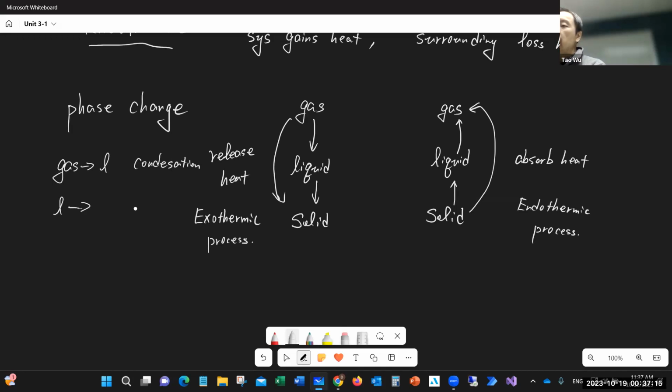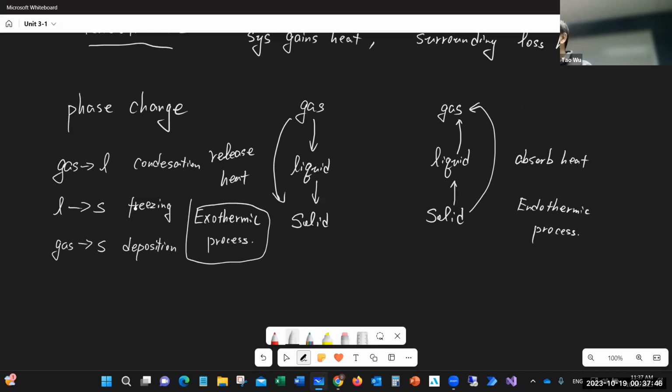From liquid to solid, that's freezing. And from gas to solid, that's called deposition. Those three processes are exothermic processes: condensation, freezing, and deposition.